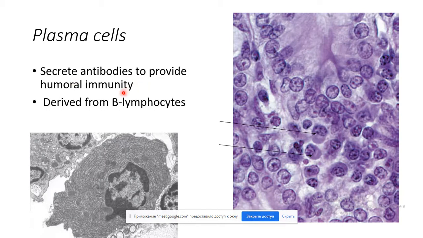For example, T lymphocytes and NK cells facilitate cellular immunity because they kill cells directly by the surface of the cell. But B lymphocytes don't kill other cells; they produce antibodies which later will kill the cell. So that's the plasma cell: an activated B lymphocyte responsible for synthesis of antibodies.